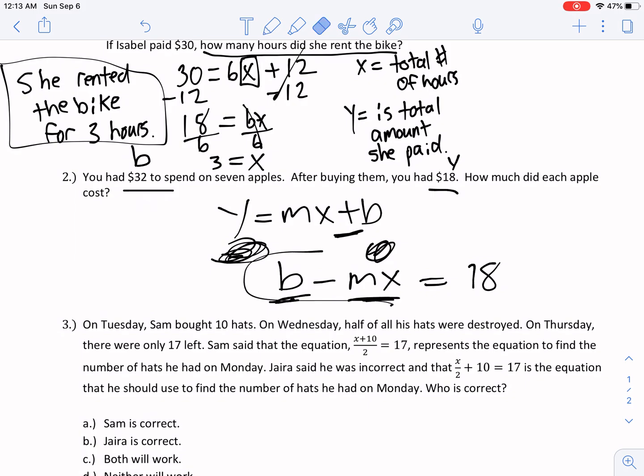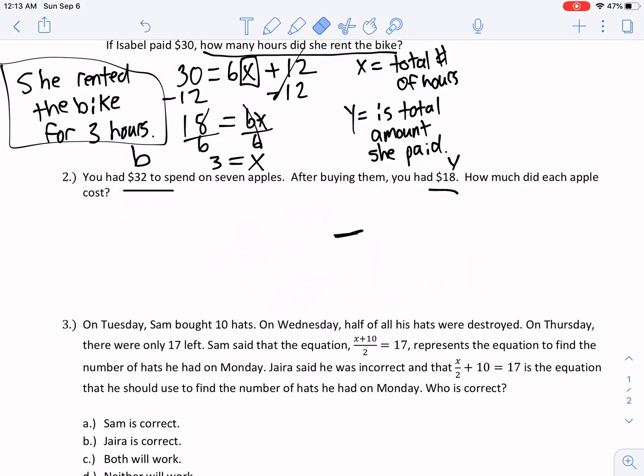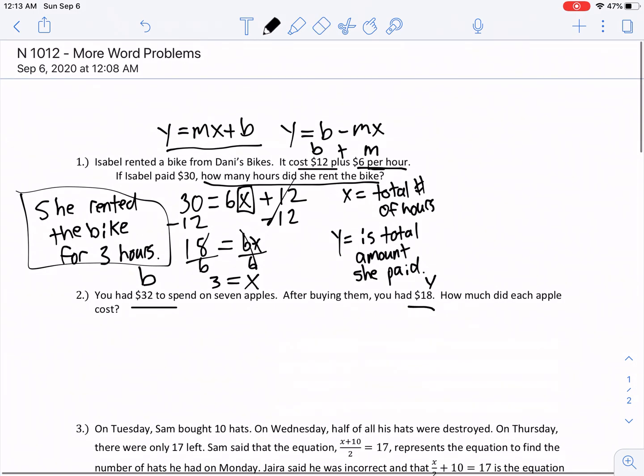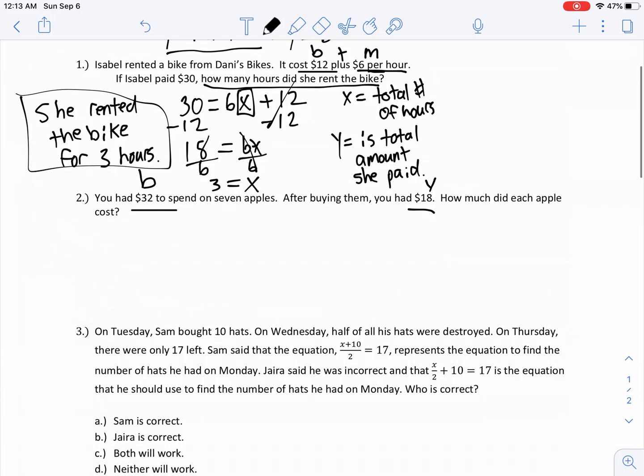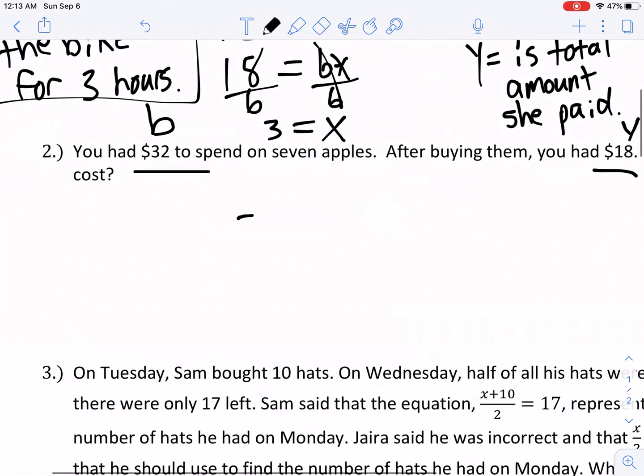Backtracking here, we're actually going to use this equation right here. I'm starting with $32, and I'm subtracting however much I spend per apple, but how many apples do I buy? 7.